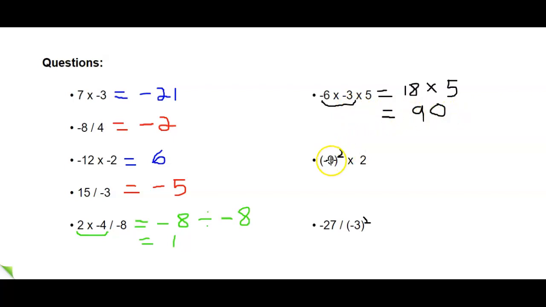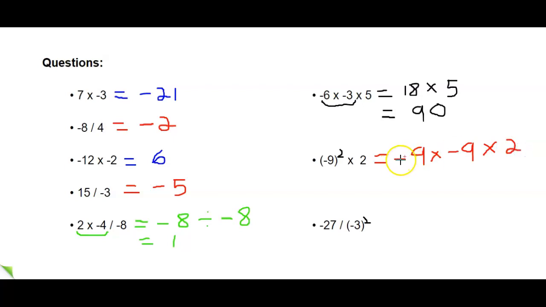Good. Then we have negative 9 squared multiplied by 2. Whenever we are squaring a number, we have to multiply that number by itself. So negative 9 squared is the same as negative 9 multiplied by negative 9. And then we multiply by 2, we just carry the times 2.